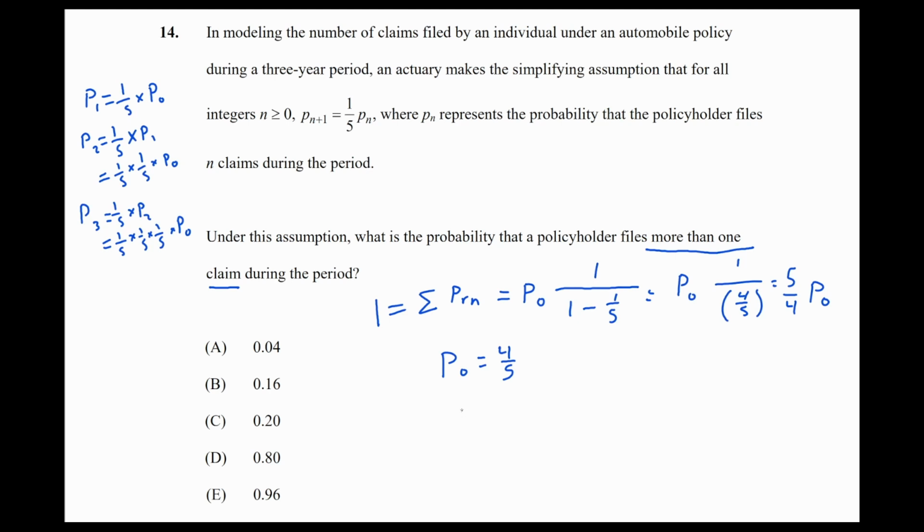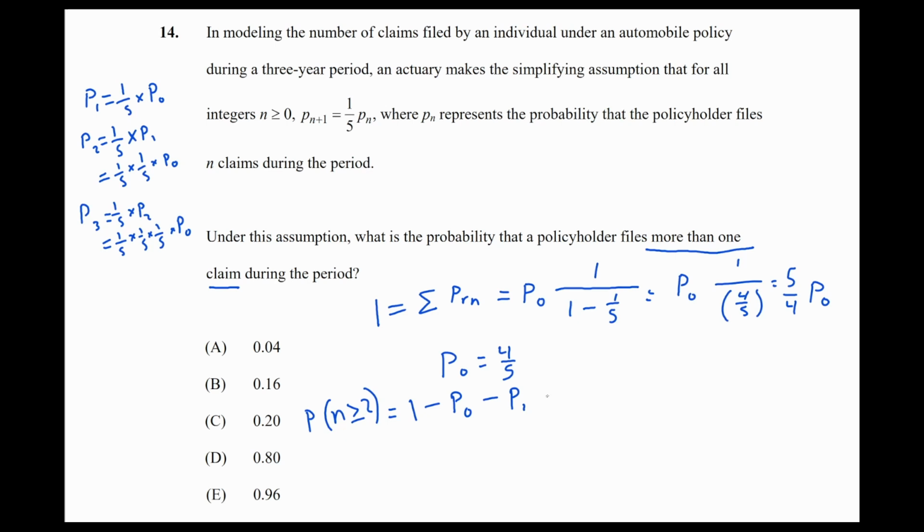So that probability is going to be 1 minus the probability of 0 minus the probability of 1. Formulaically, I'm going to write it as probability n greater or equal to 2.